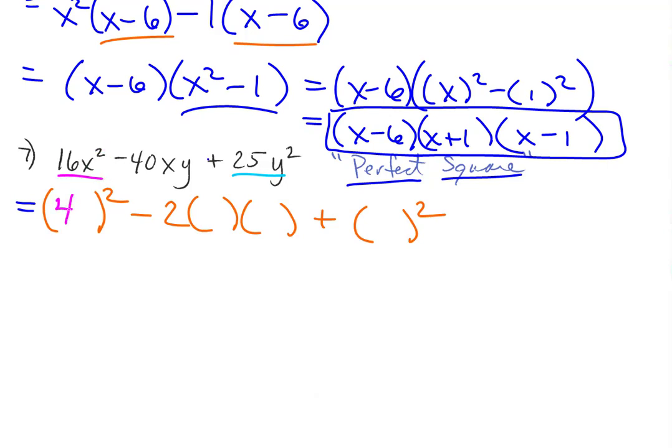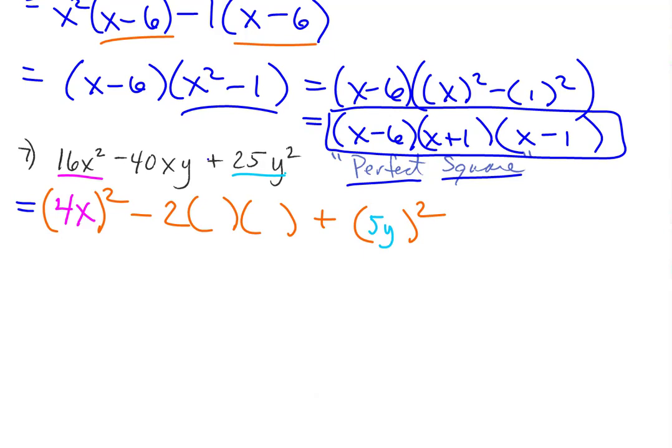Well, if I put a 4x inside this first blank, notice that when squaring 4x, I would get 16x squared. That's a good sign. That actually matches. But then secondly, I need to do the same thing for the end term. So again, notice if I put a 5y in that last term, then when squaring that, I would get 25y squared. That's a good sign.